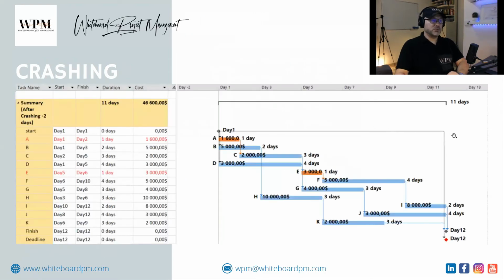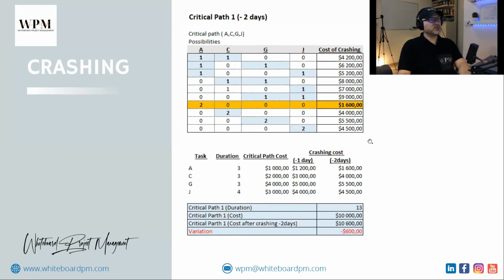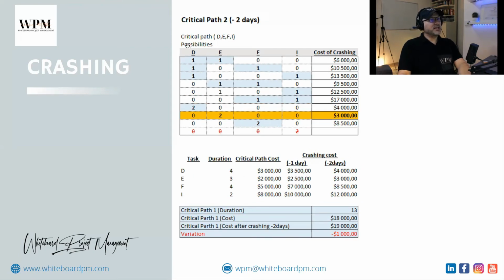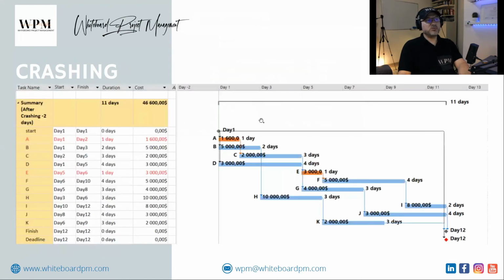Back to the schedule. So now we know that for the first critical path, I need to crash activity A, because I have activity A with 2 days to be crashed. This is the minimum. And for critical path 2, crash activity E with 2 days.